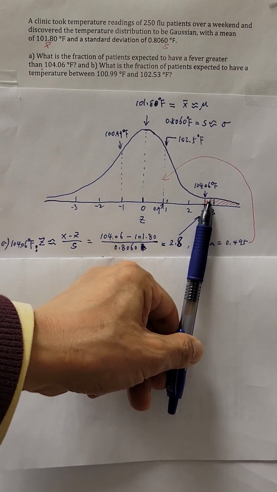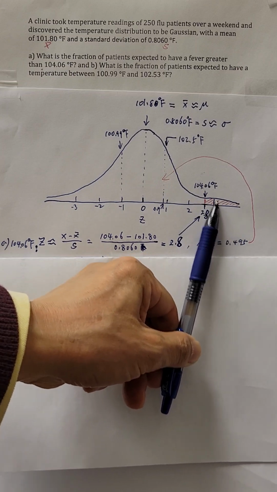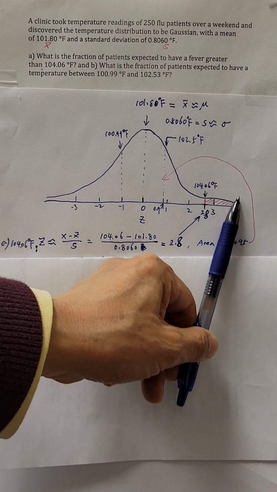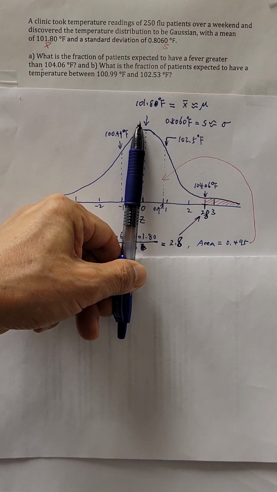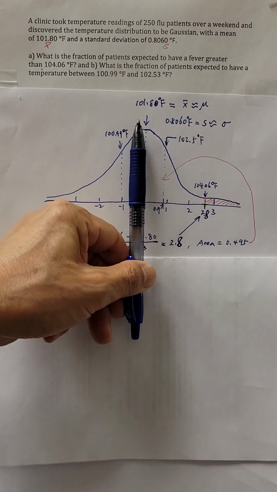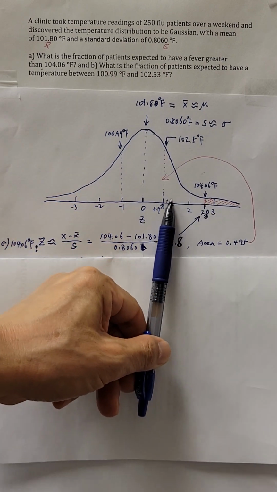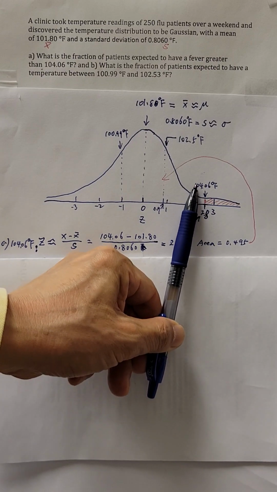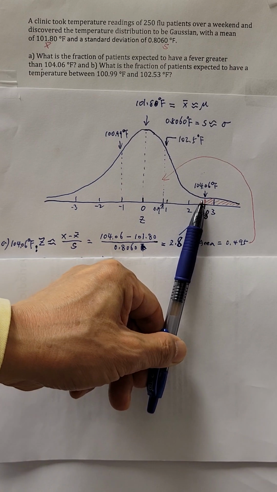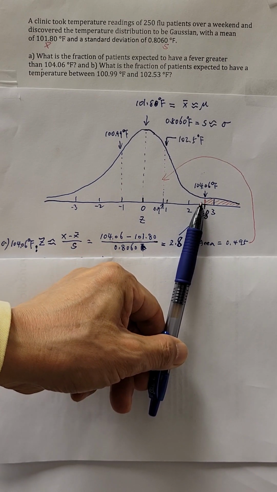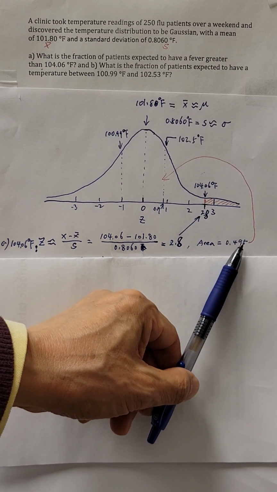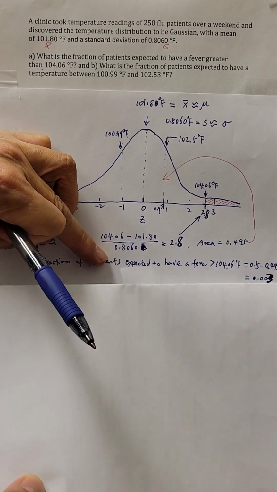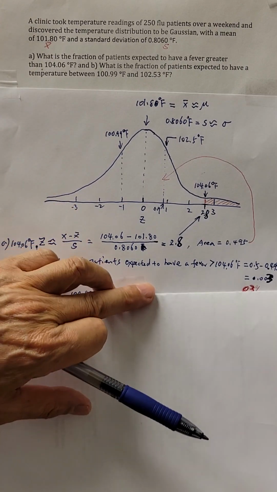How can we find this area? This is shaded, highlighted. We use the value for the entire half, 0.5, subtracted by this area until the 2.8, or until 104.06 degrees. So 0.5 subtracted by 0.495. That's where we got it.